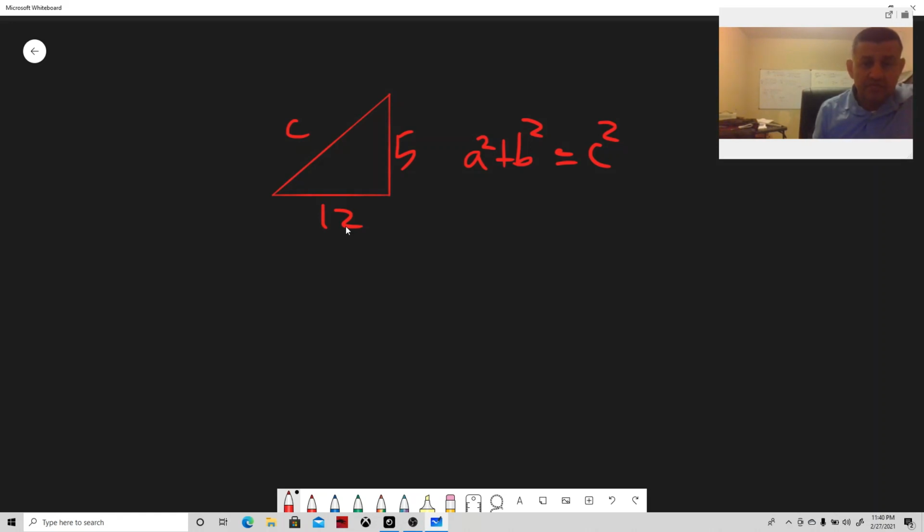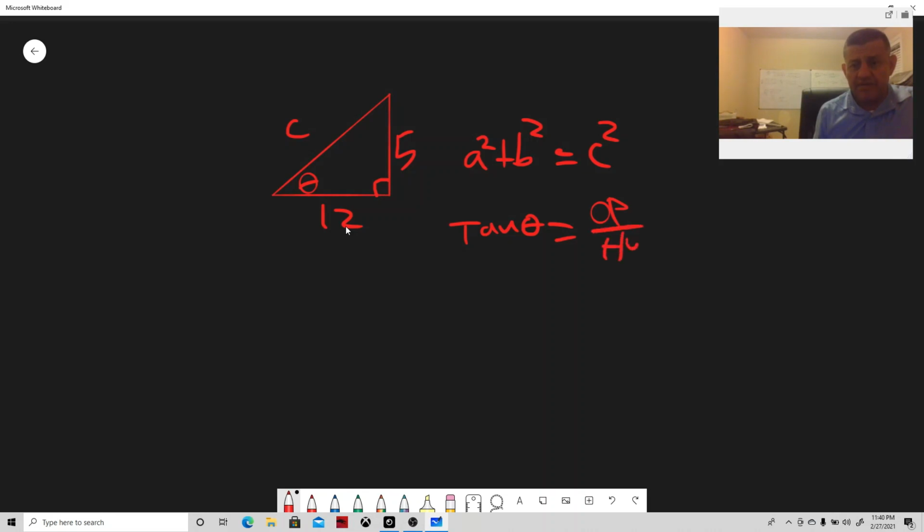Now let's say that this is a right triangle and this is theta, just right there. We need to find theta. We have a couple of formulas to find theta. We have one called tangent of theta is equal to opposite over the hypotenuse.